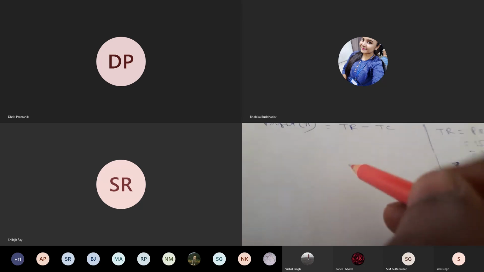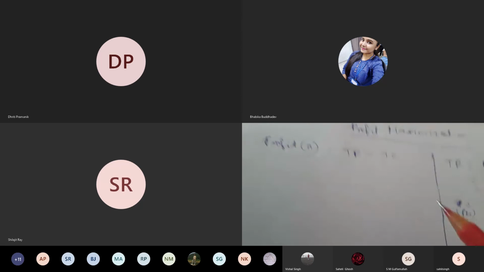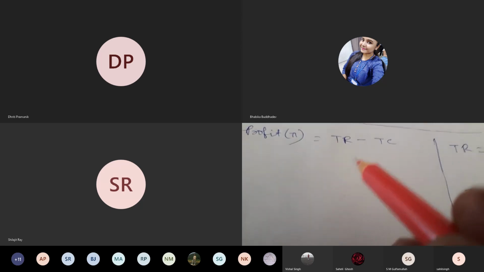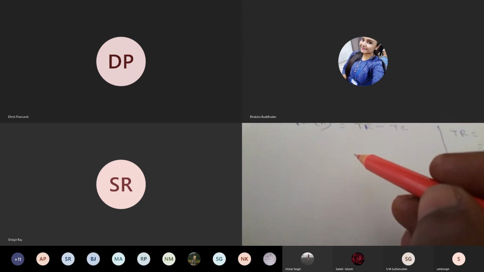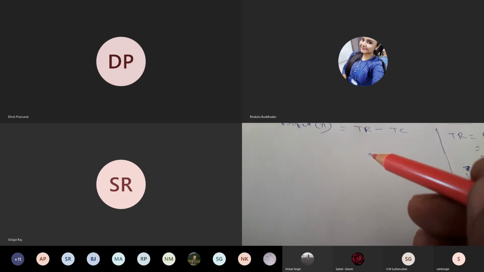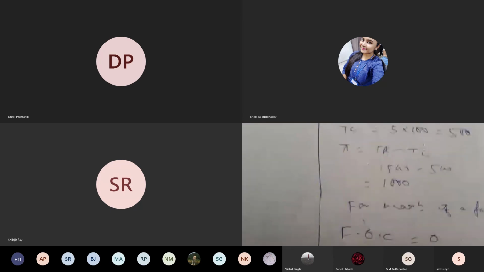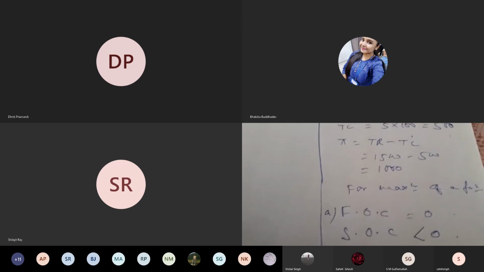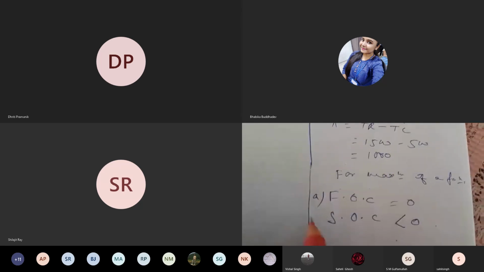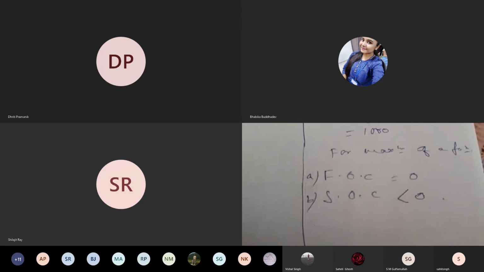Our profit function is total revenue minus total cost, which has to be maximized. First condition is FOC equal to 0, and second condition is SOC less than 0.